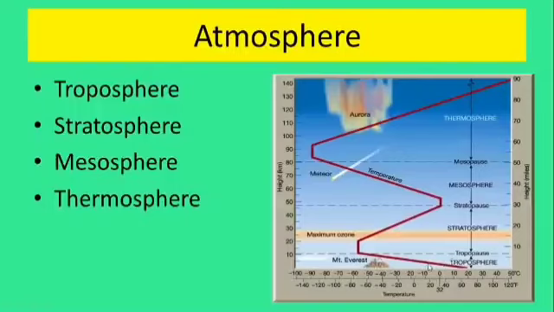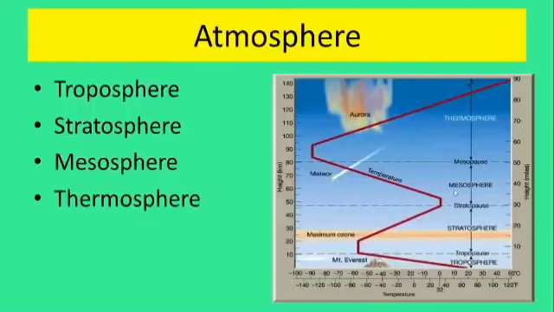Just above troposphere is the next layer, known as stratosphere. Stratosphere is very important because it possesses ozone. Ozone of this layer prevents penetration of ultraviolet radiation onto our earth, and thereby we are protected from skin cancer and allergies, etc.